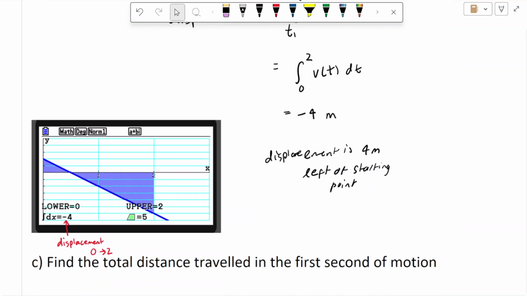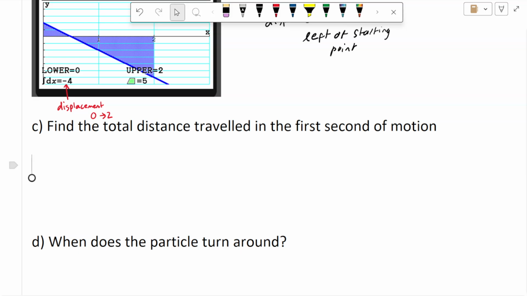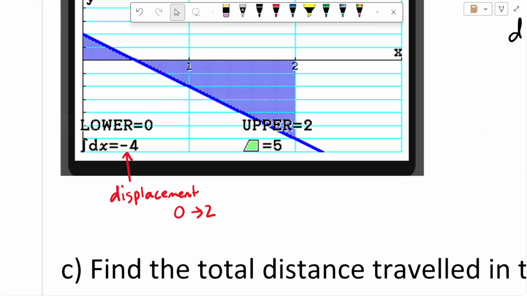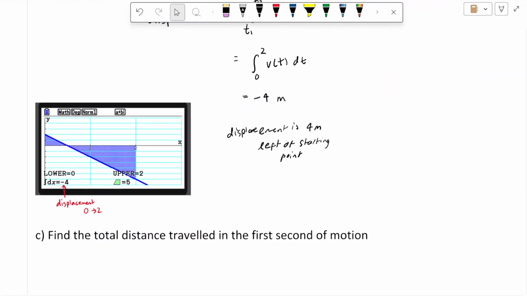Okay, next we need to find the total distance. Now, let's think about why this integral itself is -4 and the difference between distance and displacement.